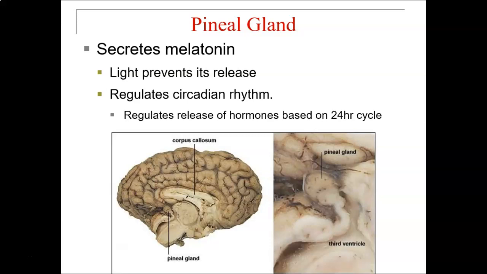When we talk about circadian rhythm, right, there are certain hormones, cortisol, for instance, which is released on a cyclic basis. Right, other hormones, FSH, LH, they're released on a cyclic basis. Well, how is it that our body knows where the heck we are in the cycle?